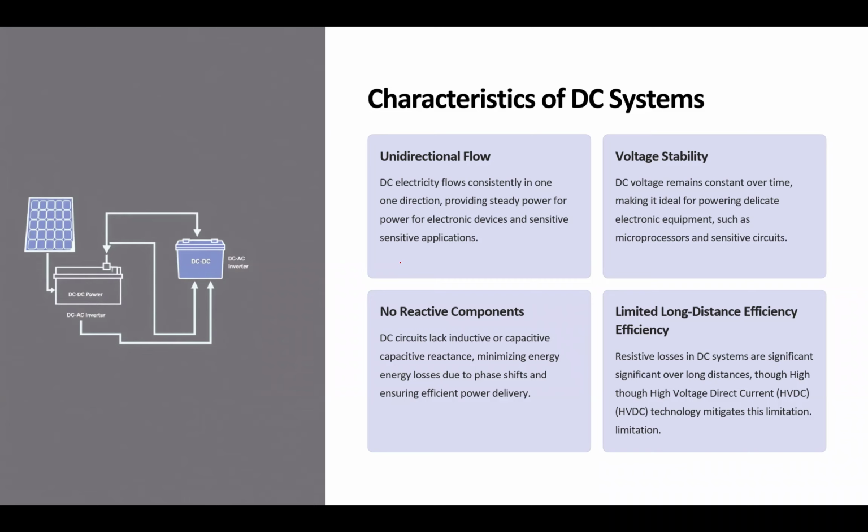So it has better stability, basically. We don't have a reactive component in our system when we talk about DC. And the limitation is the distance. In long distance, you would face a huge power loss, so it's not good for long distance.